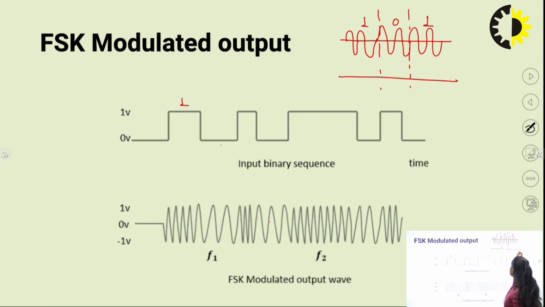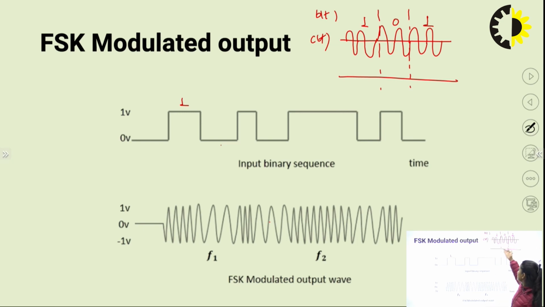So this was my BT, this being my BT, this being my CT. Now corresponding to bit 1, if I consider, my frequency will rise to twice the value, and corresponding to bit 0, it will go to half. Or you can take any value.